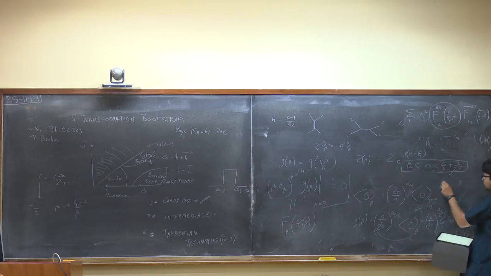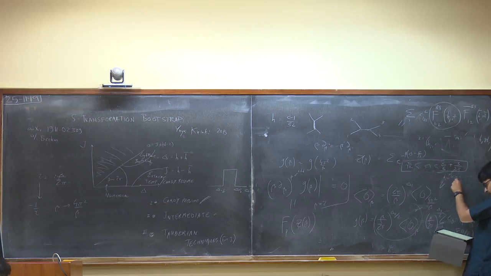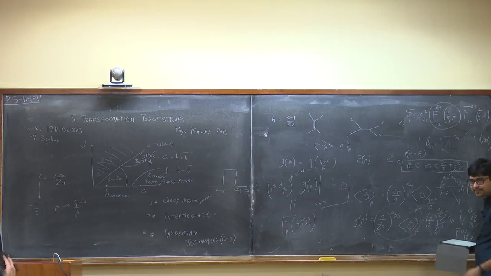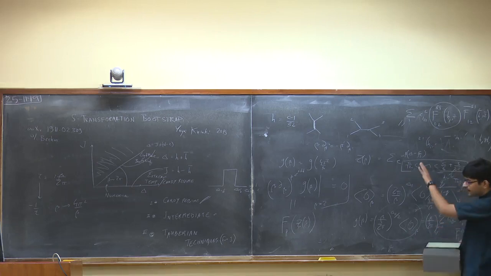Just write it down: q to the power h_i minus (c minus 1) by 24, c by 24 over 1 minus q, 2F1. Then one can again apply the odd polynomials here, and again write it in terms of Bell polynomials, and then see what one gets in the h, h bar plane.